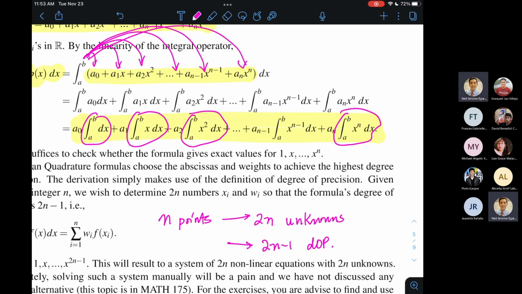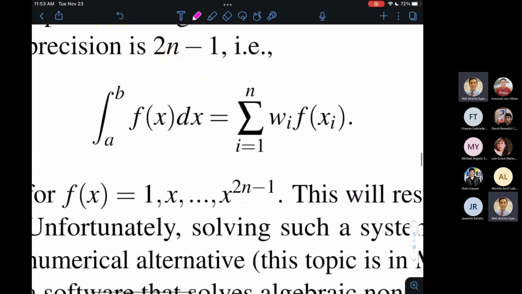Okay? So, ibig sabihin, since this is still a quadrature formula, gusto nating mag-develop ng isang formula that looks like this, which will be true for all polynomials of degree 2n minus 1 or less. Okay? Pero again, nakita natin by the linearity of the integral operator, hindi ko na siya kailangang i-check sa lahat ng polynomials of degree 2n minus 1. Kailangan ko na lang i-check kung totoo ba tong statement na to.